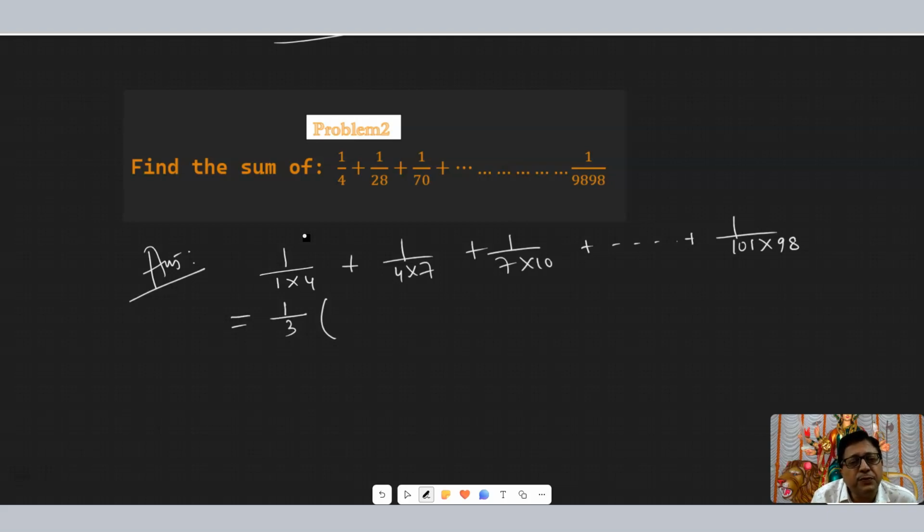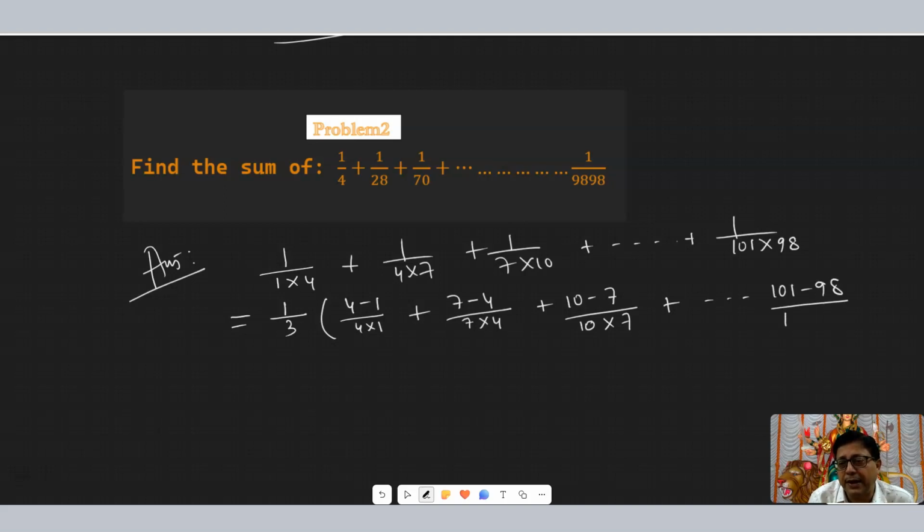And this 1 into 4 you write in this manner, 4 minus 1 by 1 into 4, plus 7 minus 4 by 4 into 7, plus 10 minus 7 by 7 into 10, and so on plus 101 minus 98 by 101 into 98. Now start writing each one as a difference.